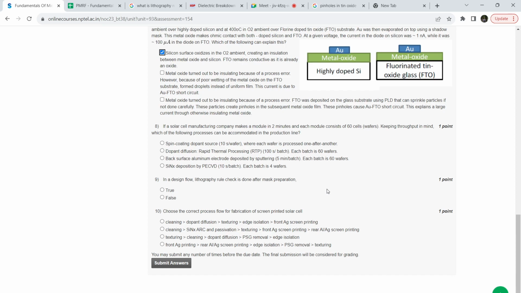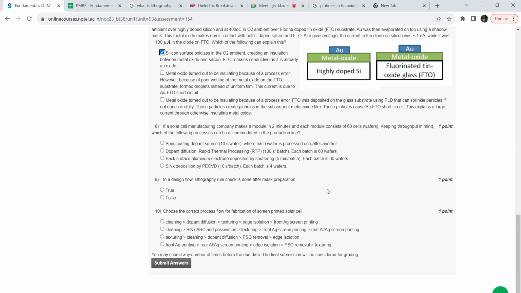Like, the maximum number of wafers in minimum time should be the approach, right? Because the time is fixed here, 2 minutes. It takes 2 minutes for 60 wafers. So if any one of the processes takes less than that time, then I can say that process is accommodated in the production line.